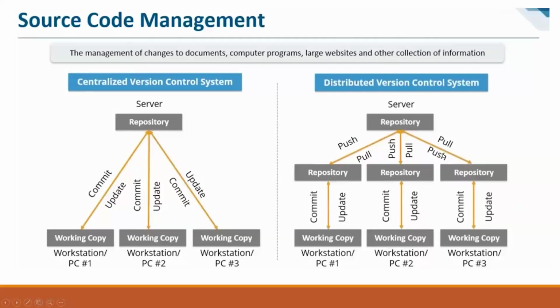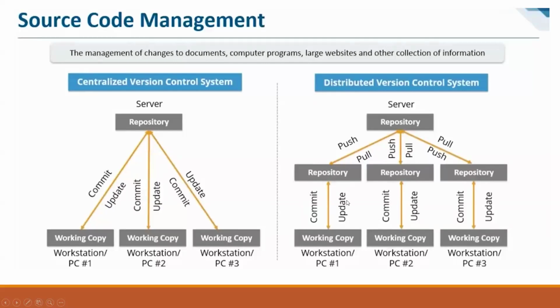In a distributed system our data is stored in two places: a remote repository and a local repository. From the working station, they push the code to the local repository, and from the local repository to the remote repository. If the remote repository crashes, we have the code in the local repository.